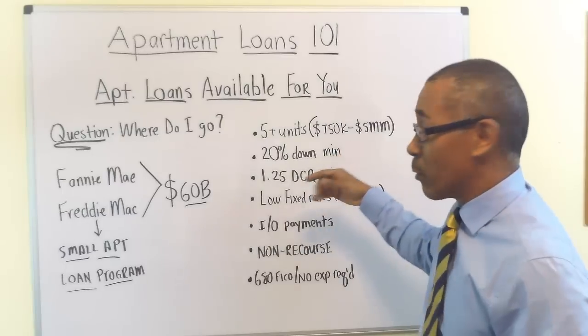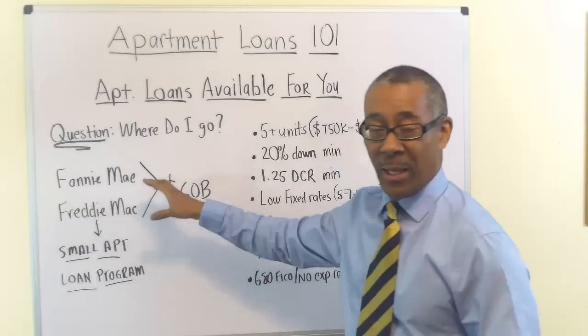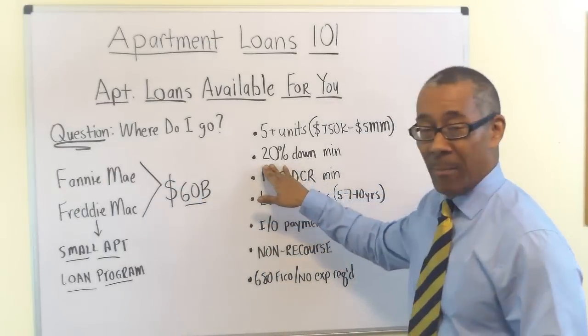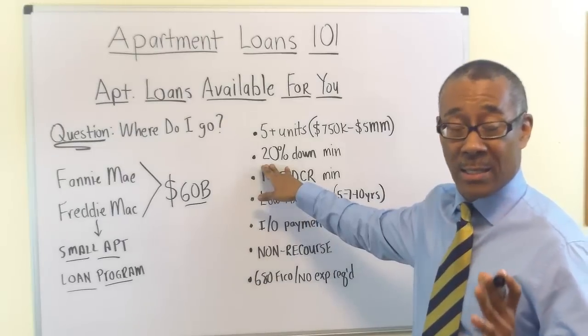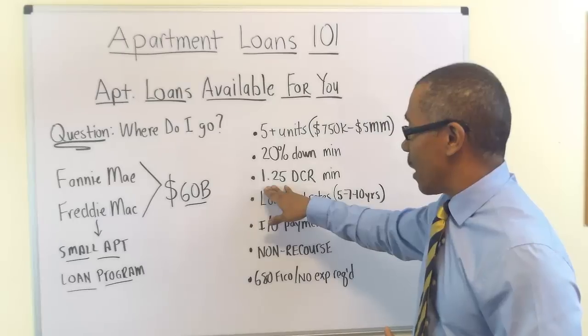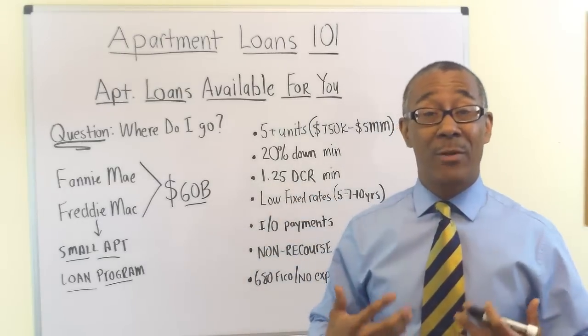All right, so if you have a loan request between $750,000 and $5 million, you can look into Fannie Mae and Freddie Mac loan products. There's going to be a minimum of 20% as a down payment. There's a minimum requirement of a 1.25 DCR or debt coverage ratio.